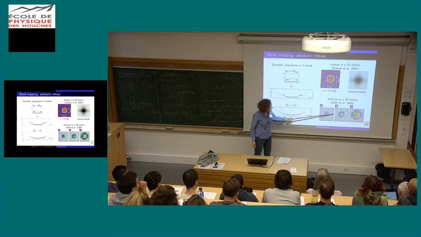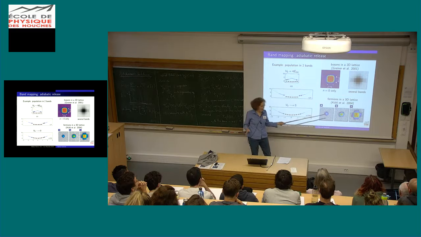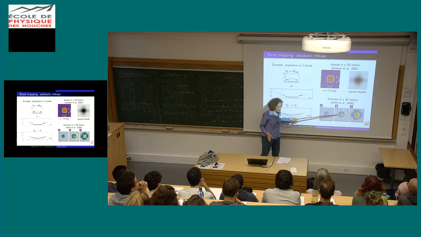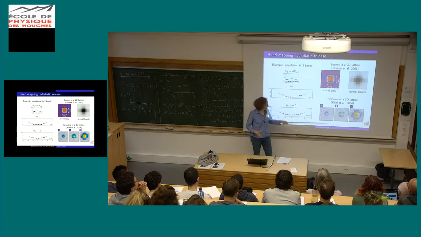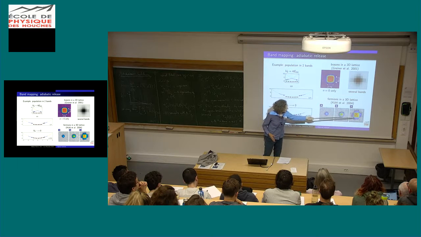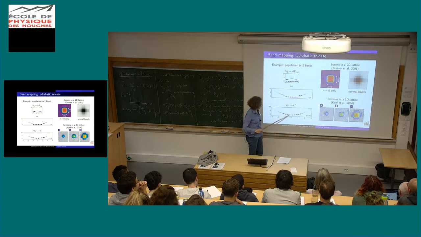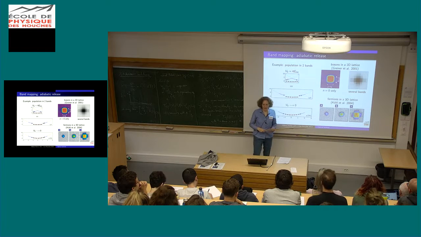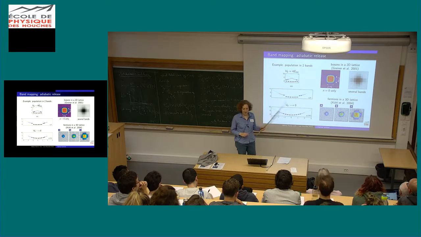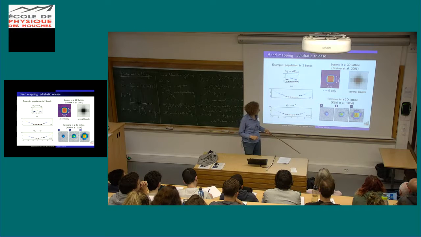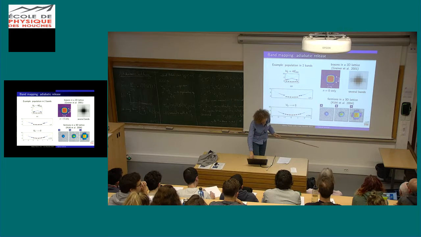So when you add more atoms, it already fills, even at T equals 0, you don't need to excite. You just put more atoms, it will fill more and more the first Brillouin zone, up to the point where if you have too many particles, this band is already completely filled, and you have to populate the excited bands to put more fermions. Okay, so I think this is different.